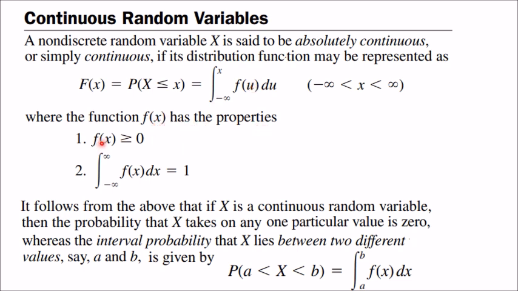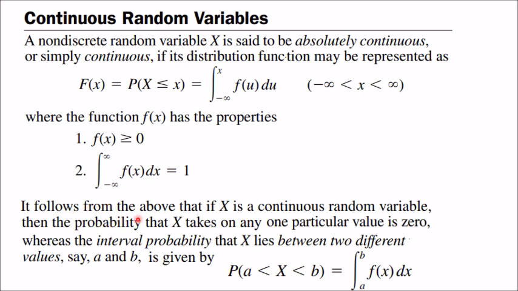So ito naman tayo. The probability of this x is greater than or equal to 0. Siyempre, probability and it is always greater than or equal to 0. Hindi pwedeng magne-negative. And number 2, we have the integral of this fx dx evaluated from negative infinity up to positive infinity is equal to 1.